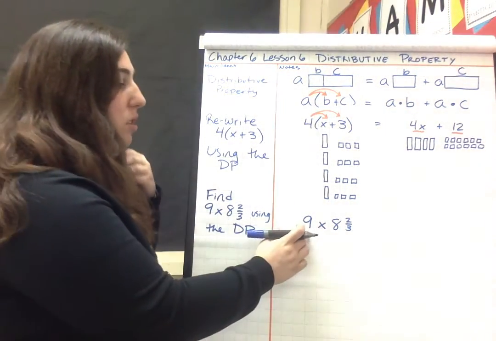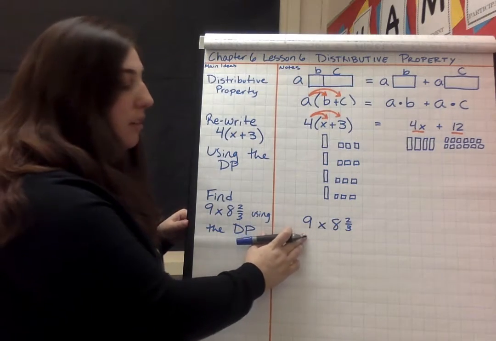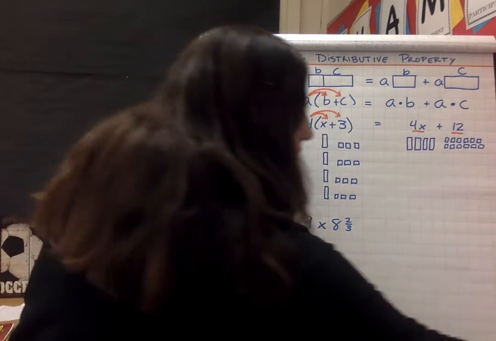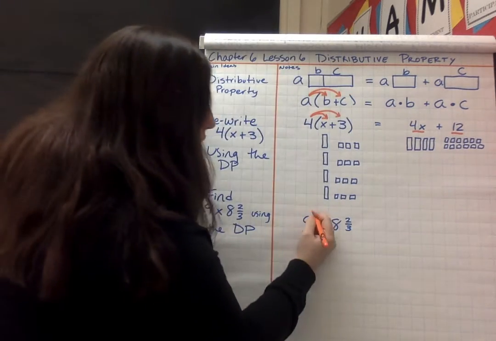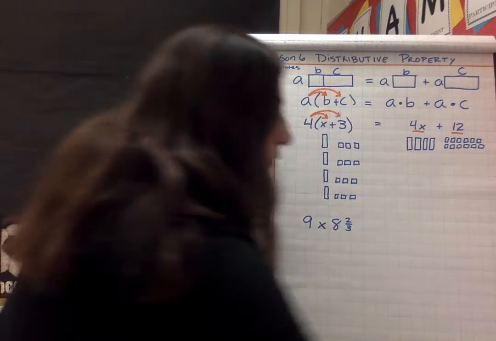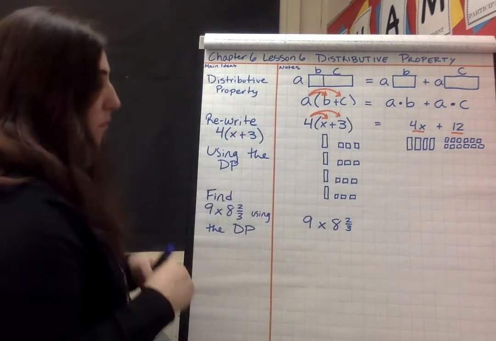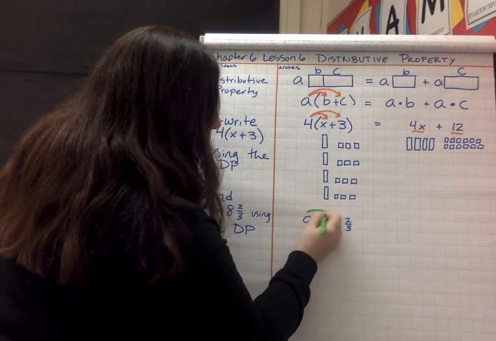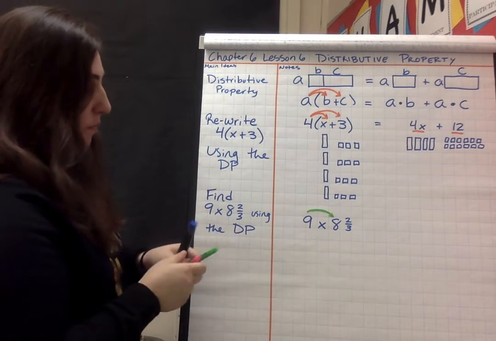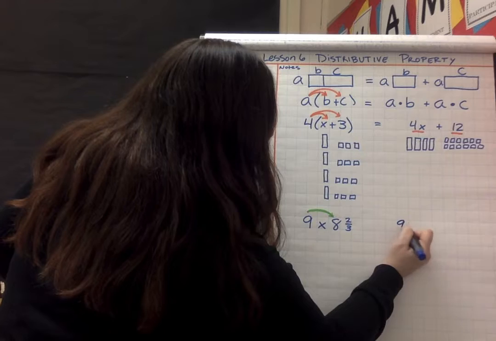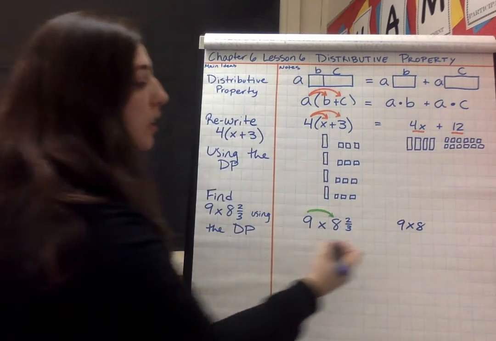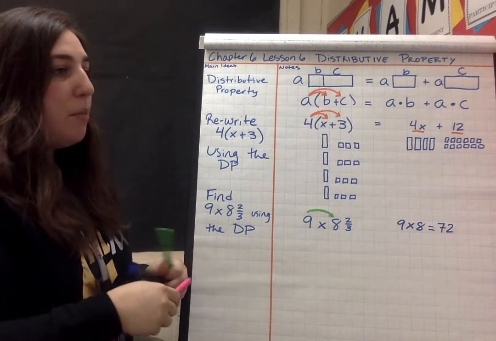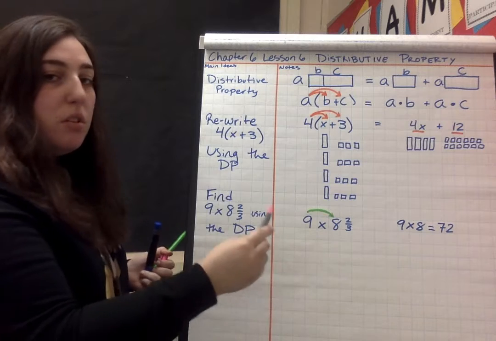Okay, so we are going to use the distributive property to solve this. So first thing I'm going to do is distribute this 9 to the 8. So I have 9 times 8 equals 72. And then I'm going to distribute the 9 to the 2/3.